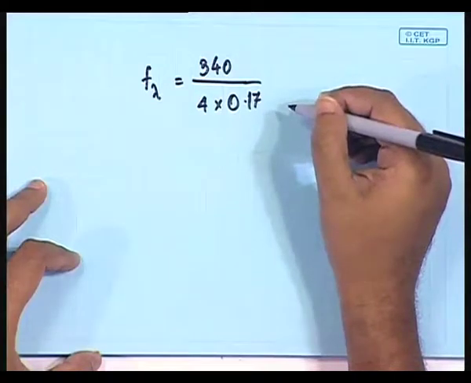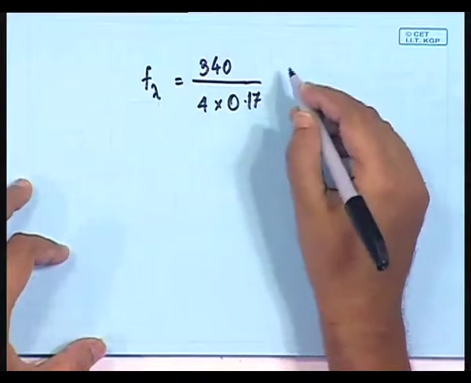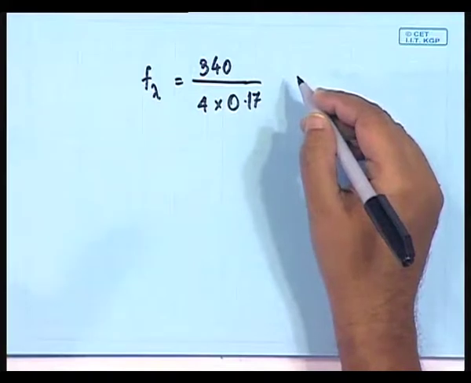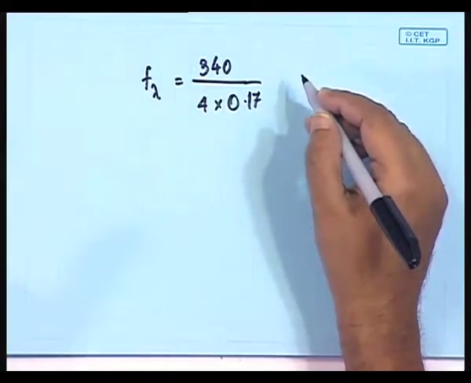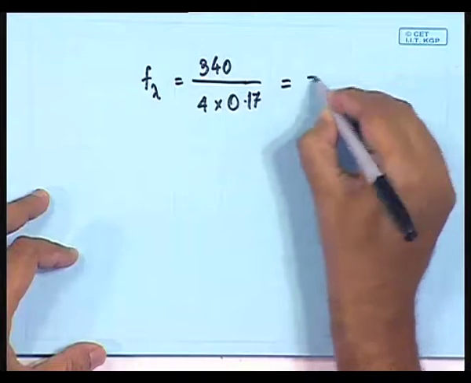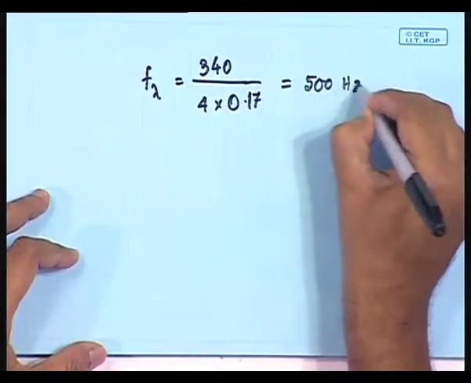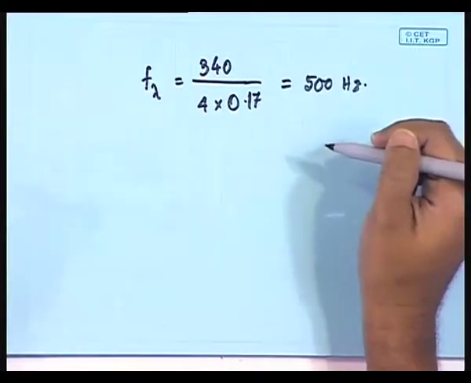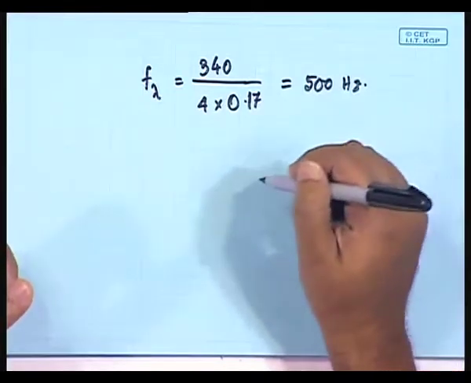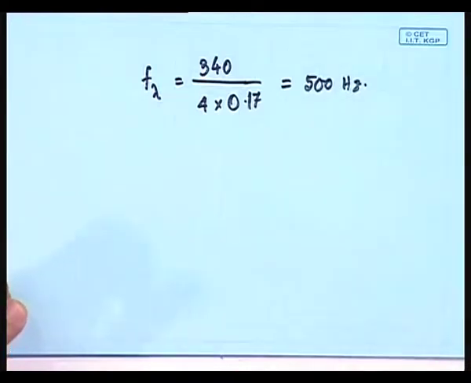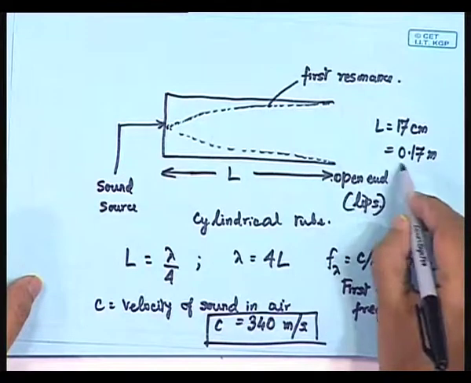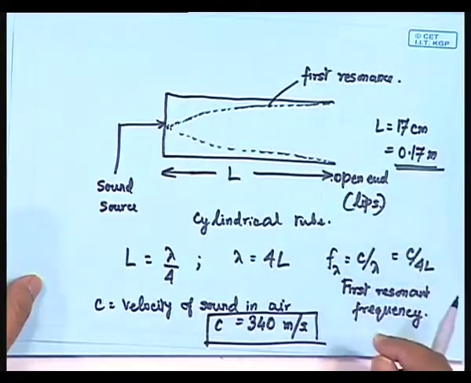In fact, how much does this work out to? It is 340 divided by 0.68, which means it is 500 hertz. So 500 hertz becomes the first resonant frequency, provided L is 0.17 meters.